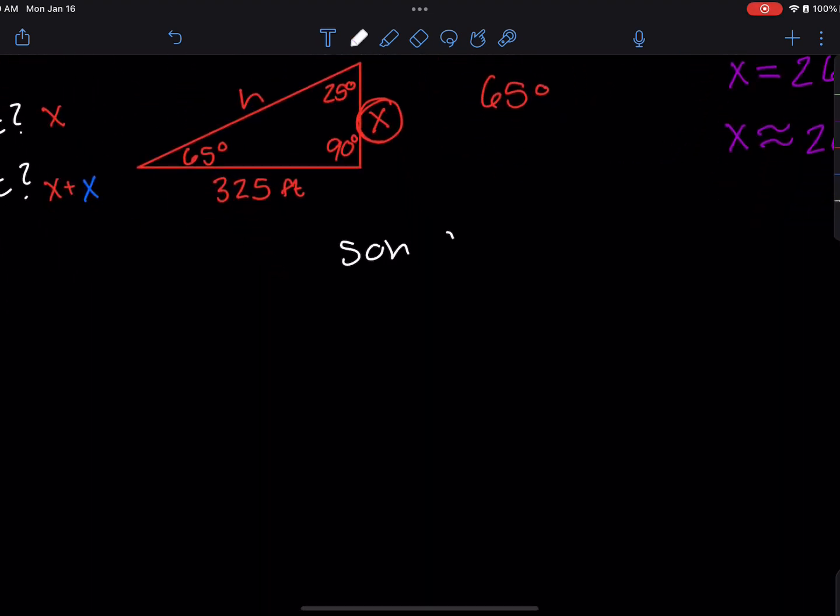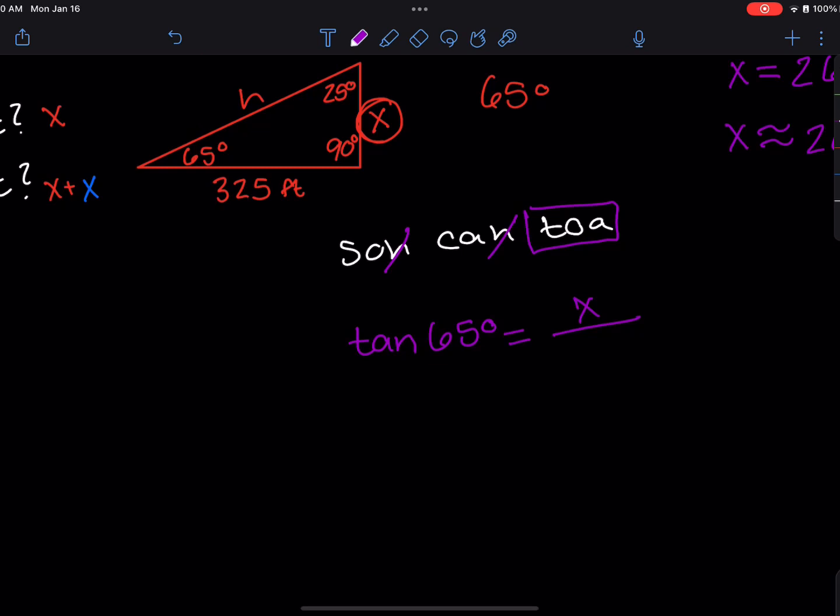Then for the red triangle, with the angle of depression, we still use SOHCAHTOA, and we still have to use the tangent with opposite over adjacent because we don't have the hypotenuse for this one either. So the tangent of 65 degrees would be equal to x over 325 feet. And then same thing as we did for the last problem.